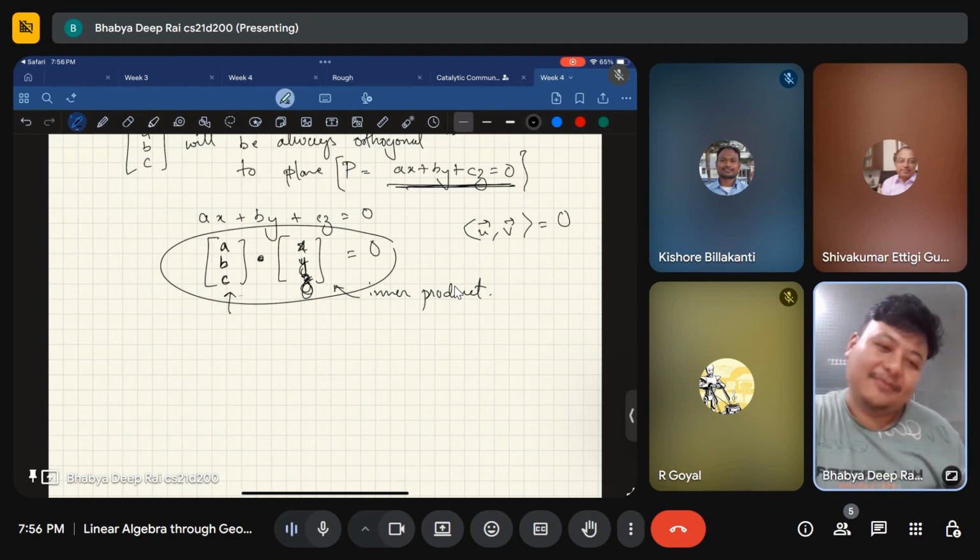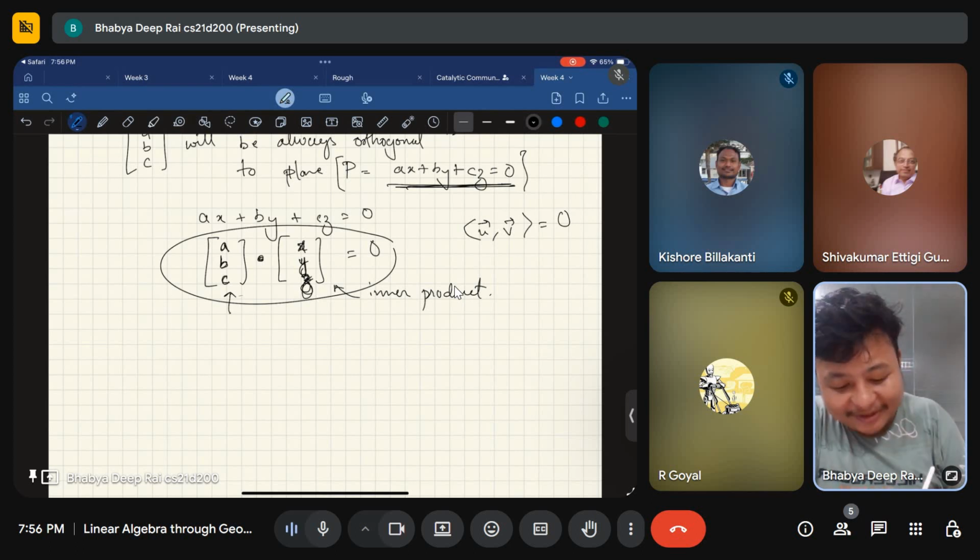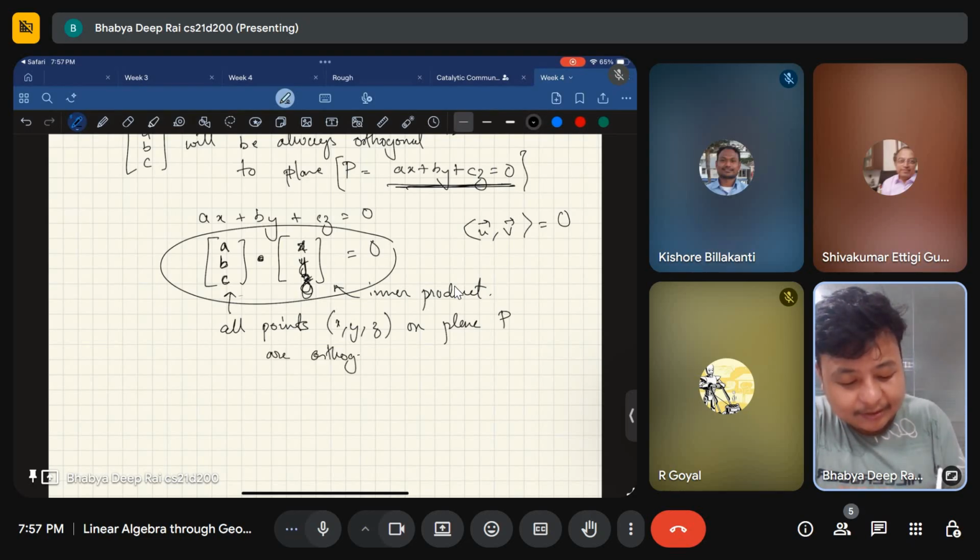I want those x, y, z which are in the plane. So what does that mean? This means that all points x, y, z on plane P are orthogonal to the vector (a, b, c).